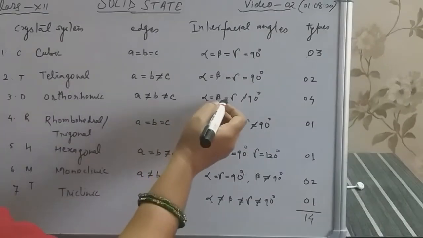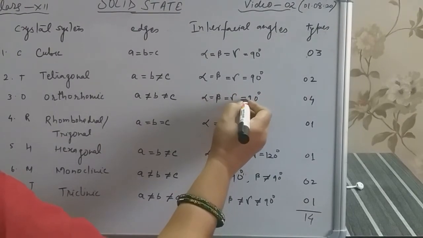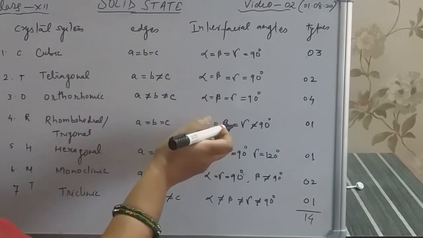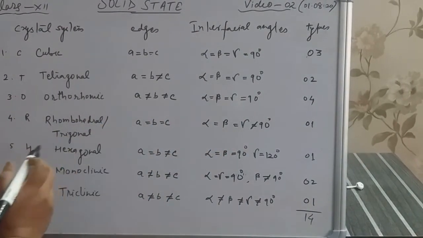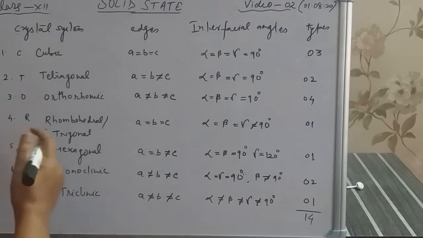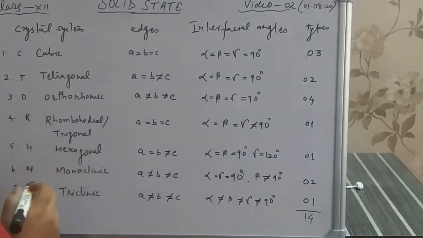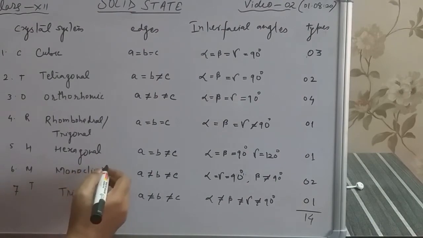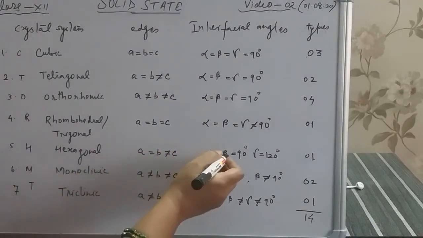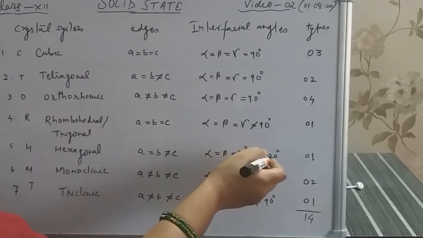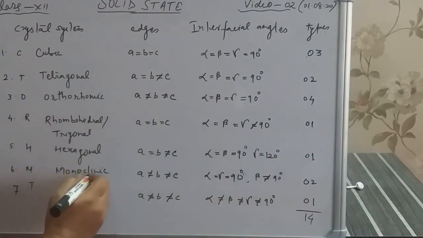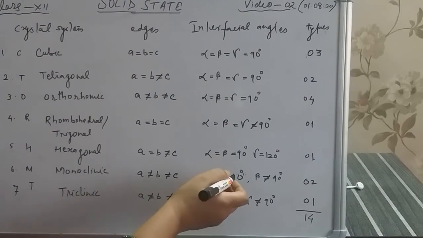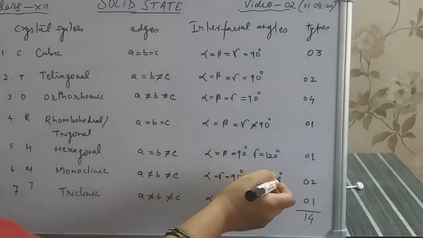Orthorhombic alpha, beta, gamma are also equal to 90 degrees, but in the case of rhombohedral, alpha, beta and gamma are not equal to 90 degrees. In the case of hexagonal, alpha equals beta equals 90 degrees, but gamma equals 120 degrees. In the case of monoclinic, alpha equals gamma equals 90 degrees, but beta is not equal to 90 degrees.